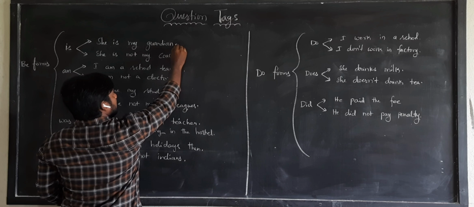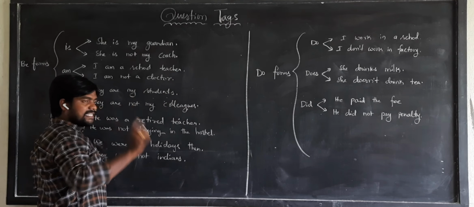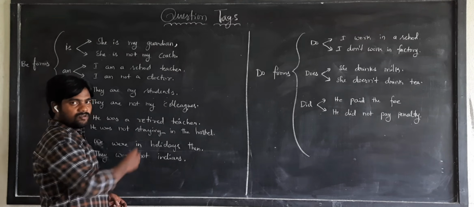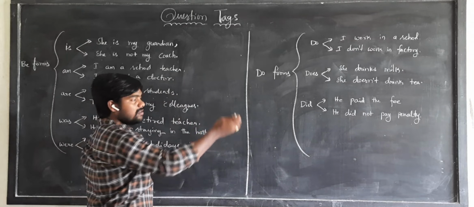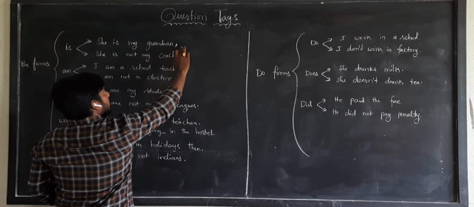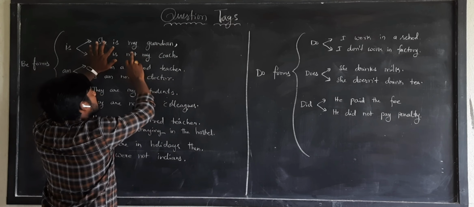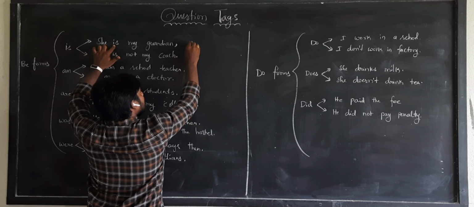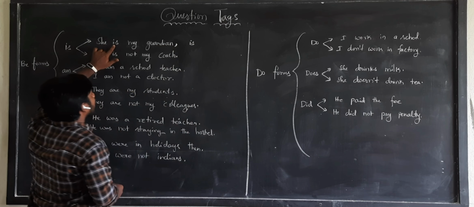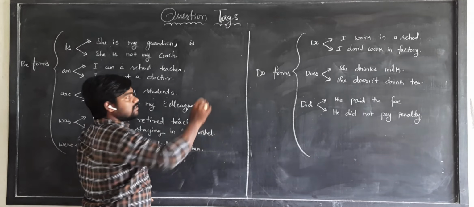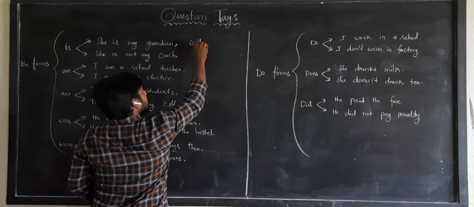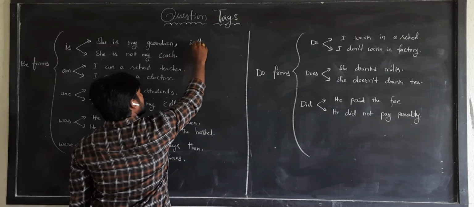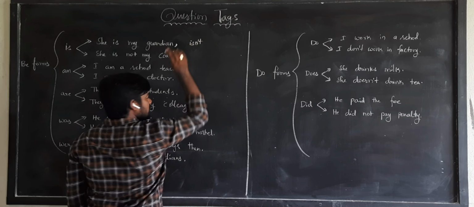Do remember, whenever you are making a statement with a tag, this full stop will change into a comma because the sentence is not completed. The tag will be, see, what is the auxiliary verb here? Is. Keep the is here, and we need to add the contraction, that is n apostrophe t.